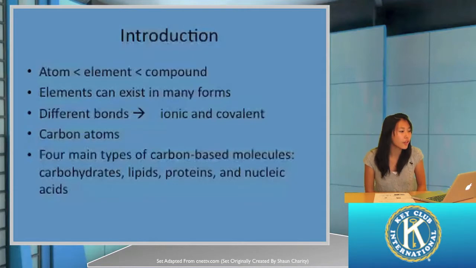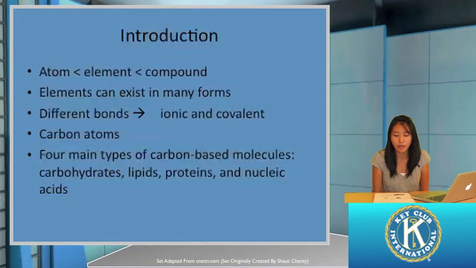First, you should understand that a compound is bigger than an element, which is bigger than an atom. Compounds, I should discuss that first. A compound is a combination of two or more elements.